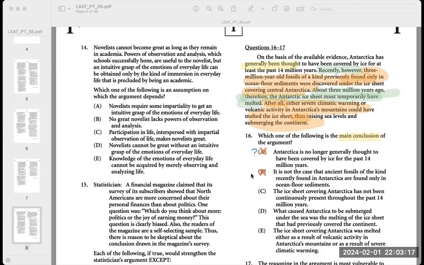I think that causal piece more matches what we have in the support. The conclusion is really just that the ice sheet must have temporarily melted. The conclusion isn't concerned with the cause. It's the reasoning that talks about the cause to convince you that it must have temporarily melted.